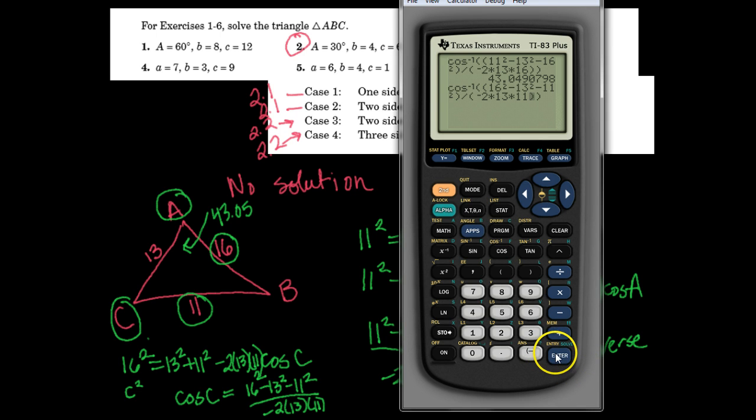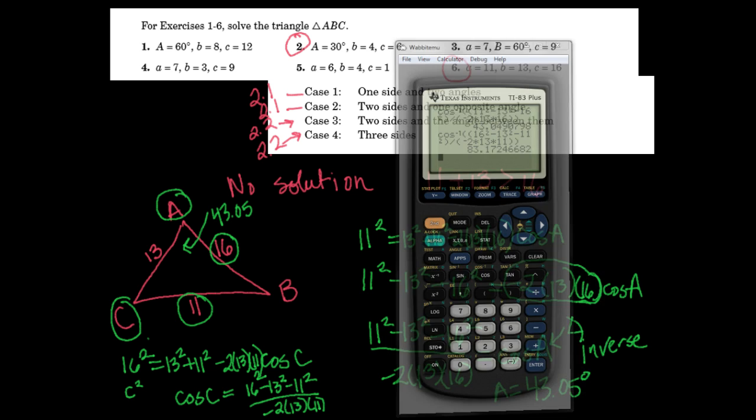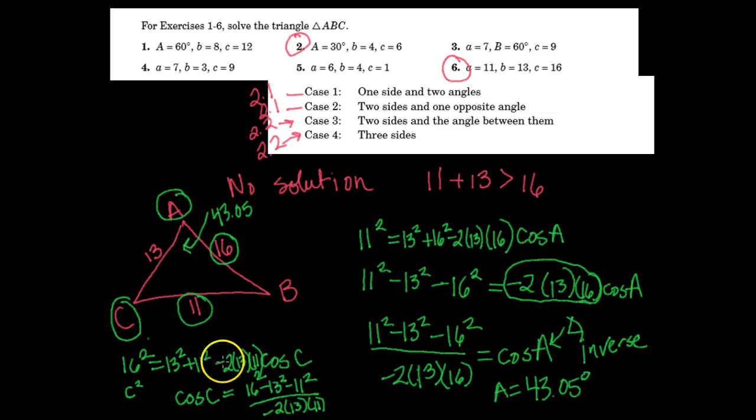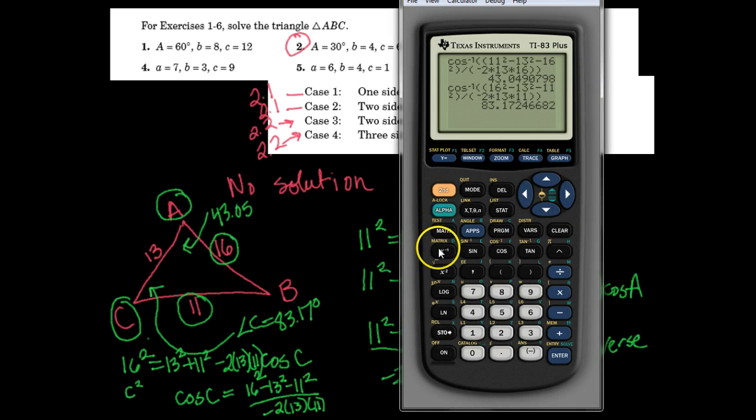Let's hit, drum roll, please. 83.17 degrees, okay? So using inverse again, that tells me that angle C is equal to 83.17 degrees. So that is this angle right here. And now I know that 180 degrees gives me the total. So let's just do it on the calculator this time because nobody's helping me.